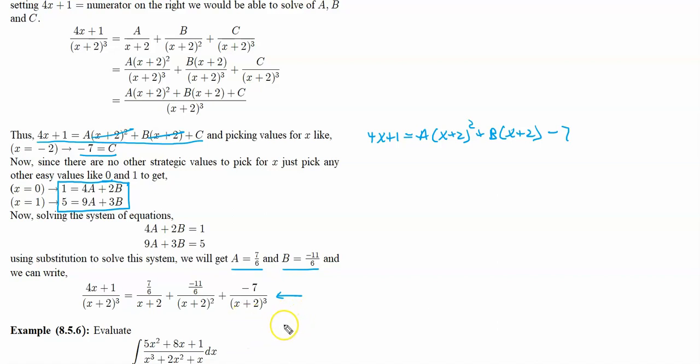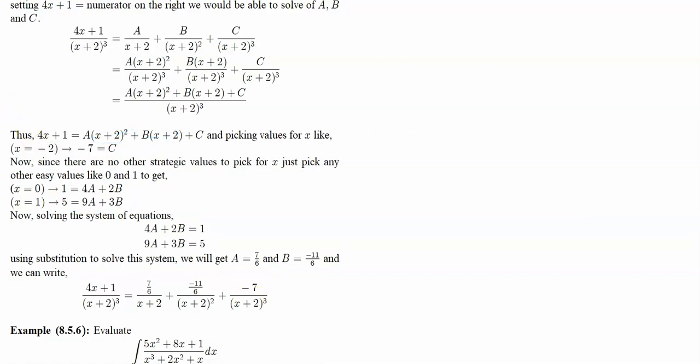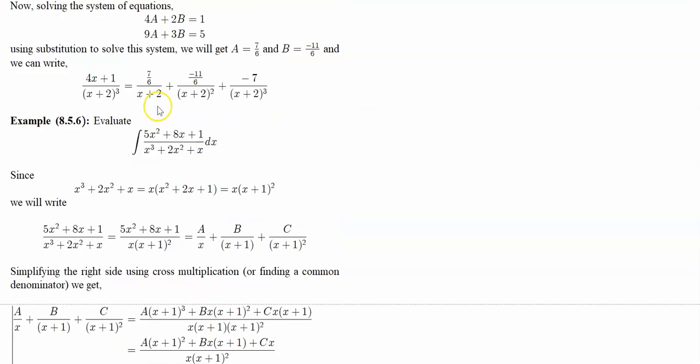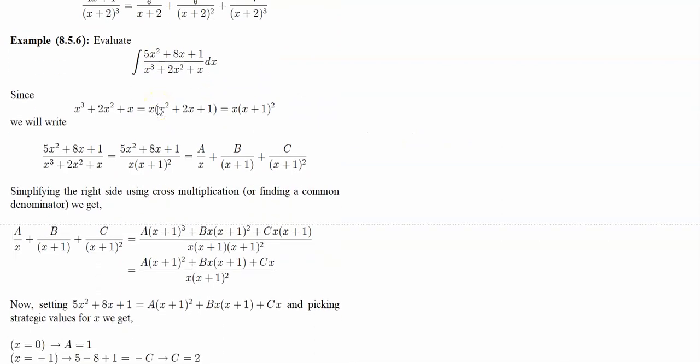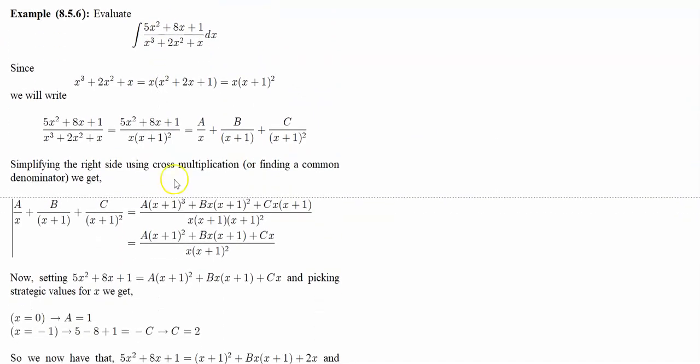Now let's take a look at an example where we evaluate an antiderivative. Here we want to evaluate this indefinite integral. First of all, notice that the degree of the top is less than the degree of the denominator.